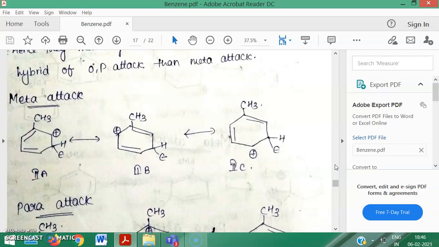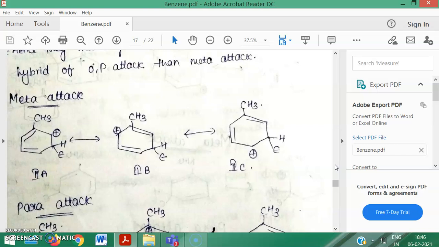Okay, so benzene undergoes only electrophilic substitution reactions. Why? Because benzene itself is rich in pi electrons. The pi electrons are present in the p orbital on each carbon. Each carbon is sp2 hybridized, and the remaining p orbital has only one single electron.